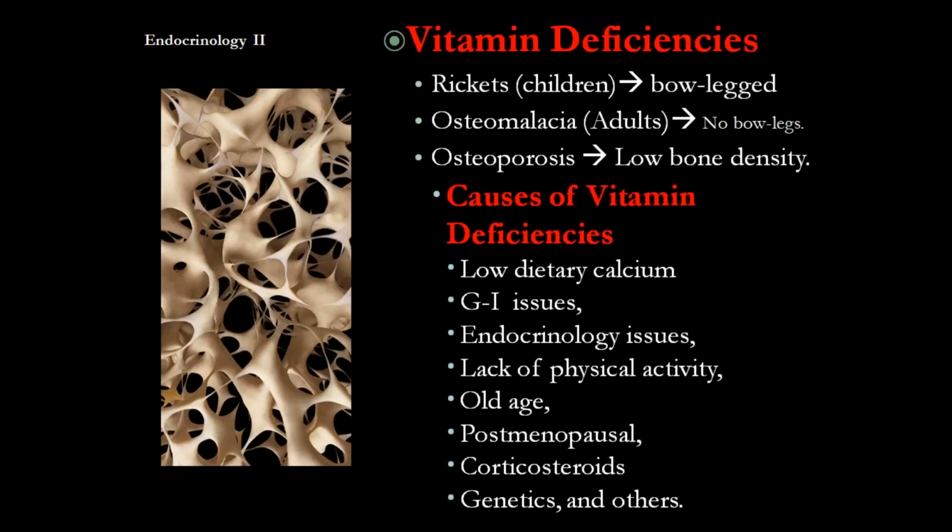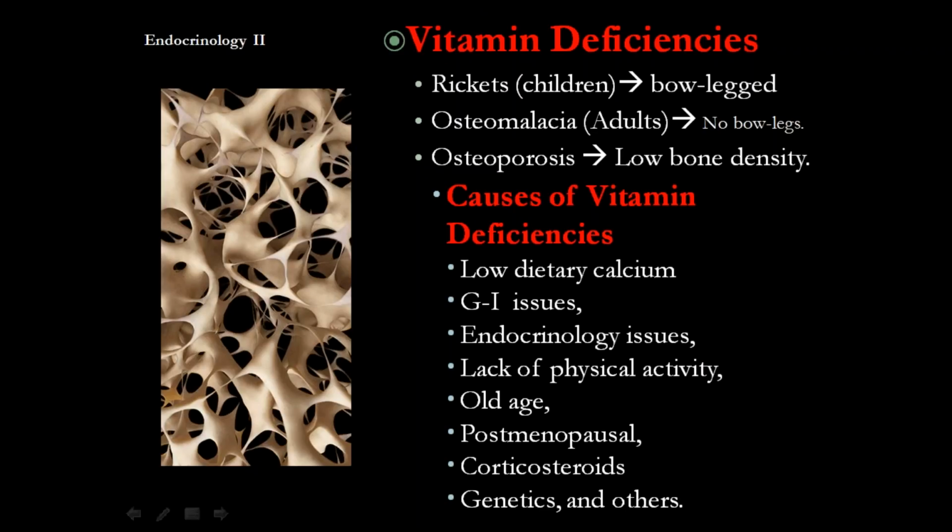All right, so vitamin deficiencies, we have rickets, osteomalacia, osteoporosis. Bowing legs, not in the adults, bowing legs in the children, rickets. And actually, we have different situations where you have deficiency of vitamin D, low dietary calcium.